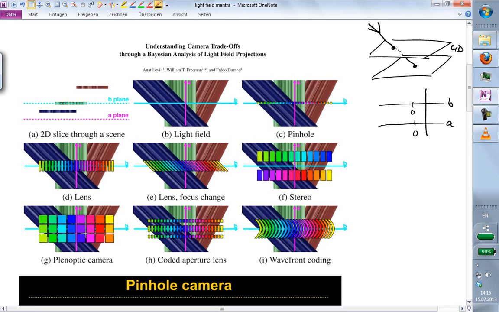So for example, the ray that I've just shown here would be, let's say, at A equals 1 and B equals 1. So the ray that I've just shown corresponds to one point in this AB plane. Okay, so the particular ray that I've just shown, for example, would lie here at A equals 1 and B equals 1.